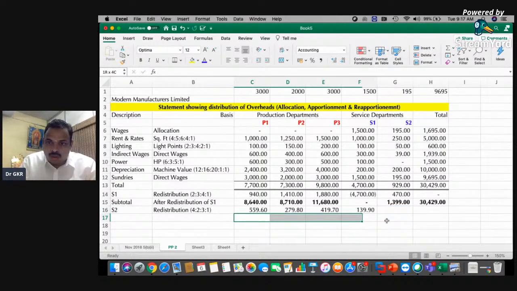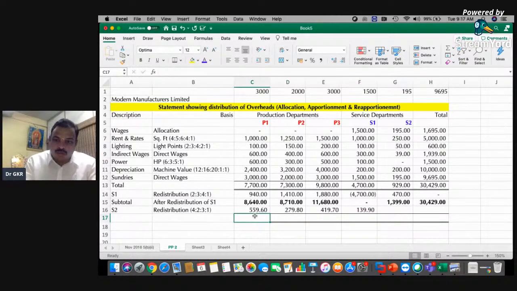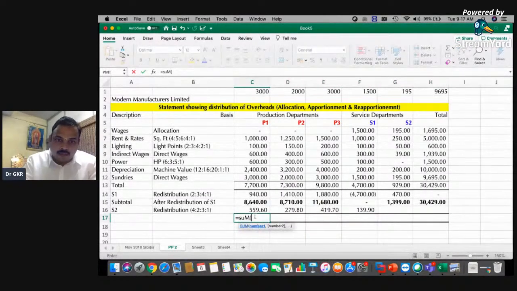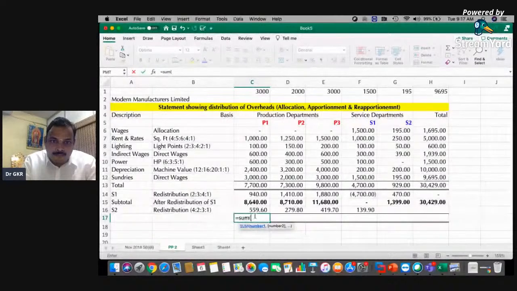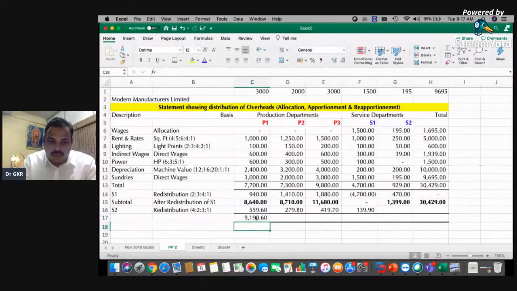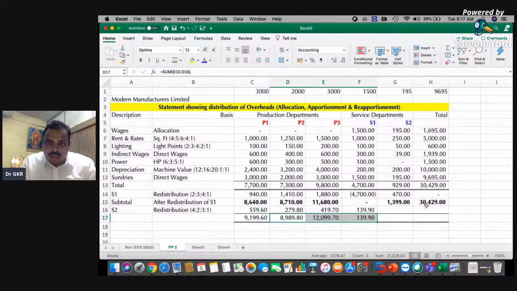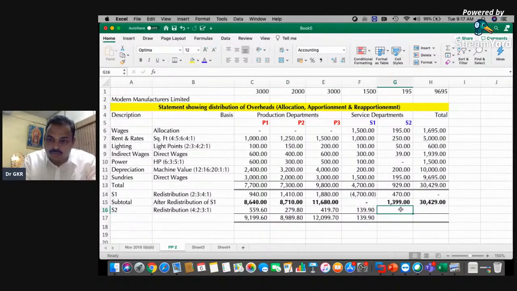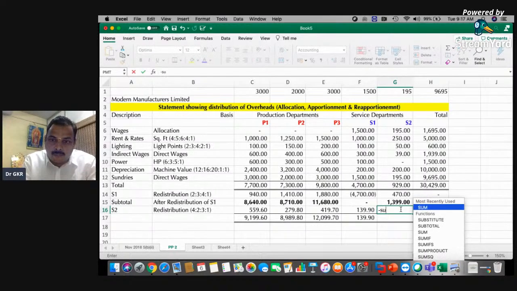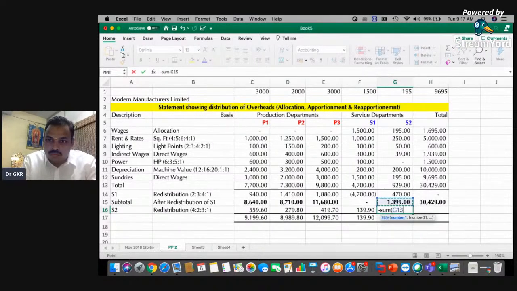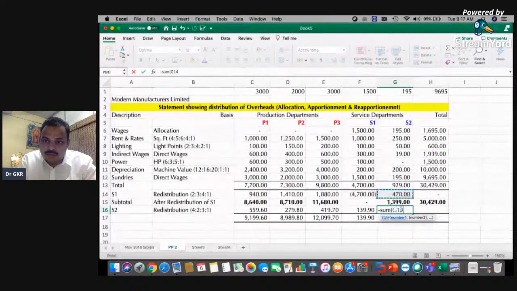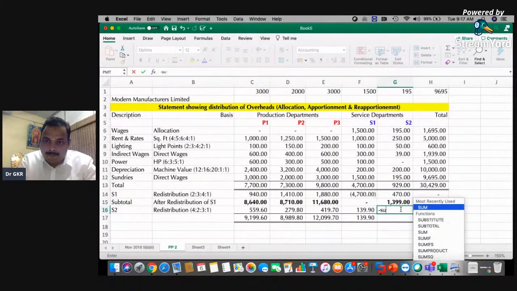So this is your total. So now what is your total? Technically this is the sum of both, which is 470, and 1,399.